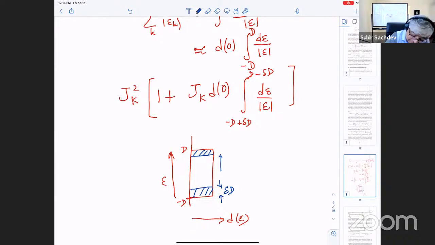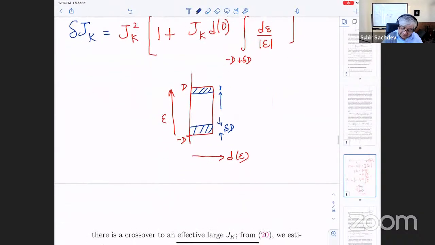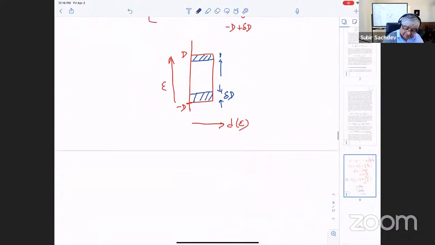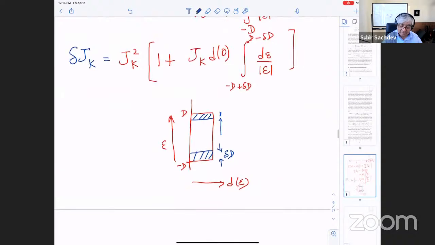So we're going to say that this expression here is actually the change in J_K. So if I make a small change in bandwidth, delta D, then the change in J_K is given by this. And in the RG, you write it as a differential equation because you're changing the bandwidth and you're changing the coupling.